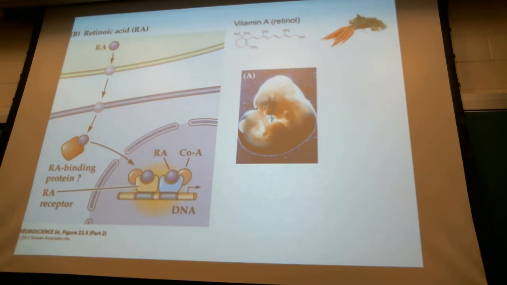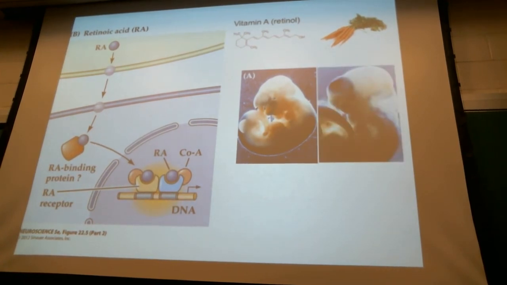However, it turned out too much is also a problem, and we learned that the hard way. There was a drug called Accutane to treat acne. Some pregnant women used that, and it turned out that it gives birth defects. If you give vitamin A to a mother mouse, the embryo looks like this, with retinoic acid signaling going on everywhere.